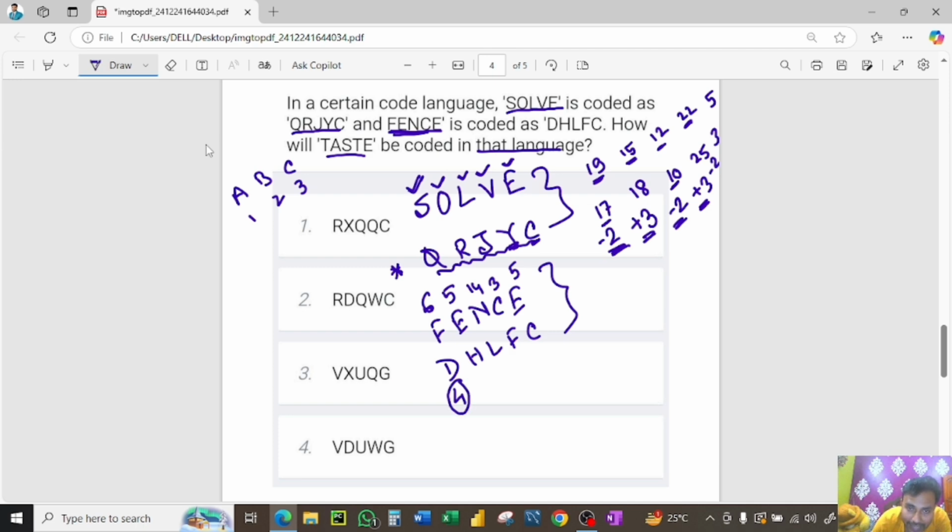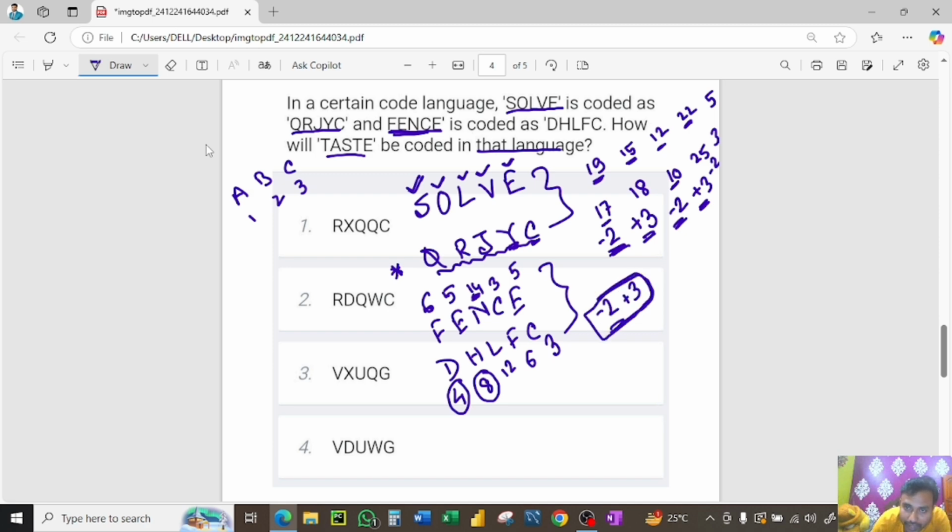If we add 3 to 5, we get 8, and the numbering of H is 8. Similarly, subtracting 2 from 14 gives 12, adding 3 to 3 gives 6, and subtracting 2 from 5 gives 3. So the logic is minus 2, plus 3, minus 2, plus 3.